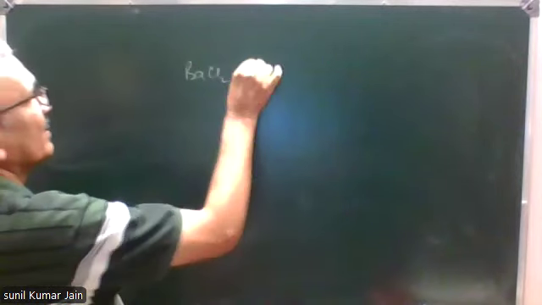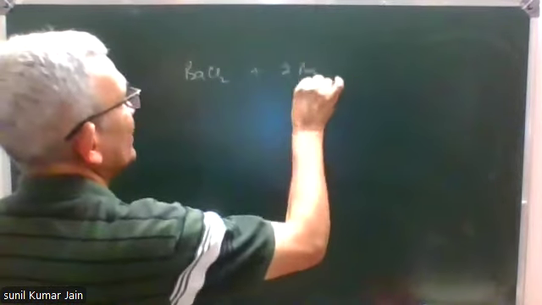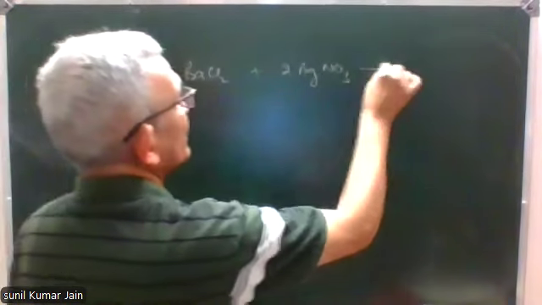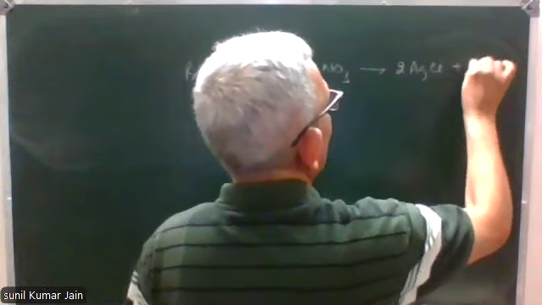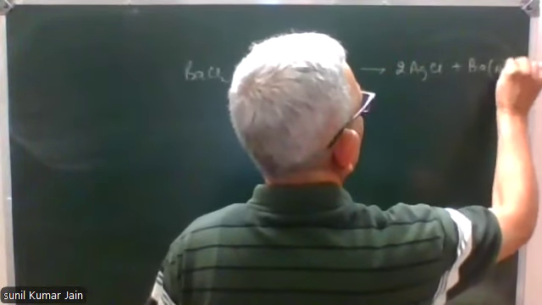Reactants are barium chloride and AgNO3. Barium chloride plus 2 AgNO3 gives 2 AgCl plus barium nitrate.